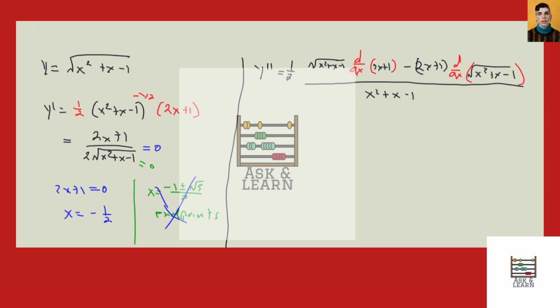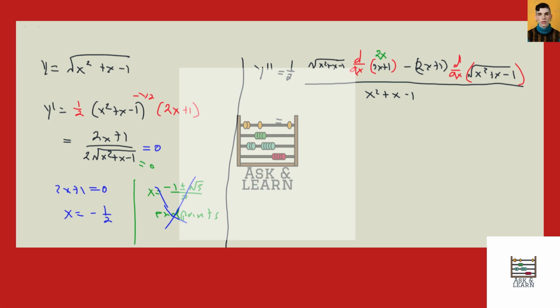Right, and if we go through all of this algebra, we should end up with, or actually, we need to take the derivatives first. I was getting ahead of myself. So the derivative of 2x plus 1 is going to be 2.